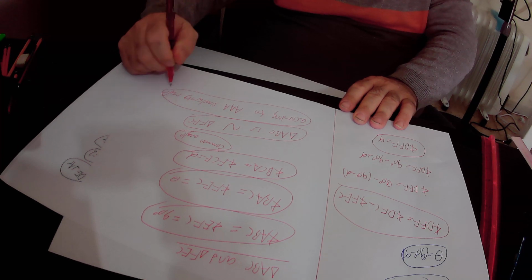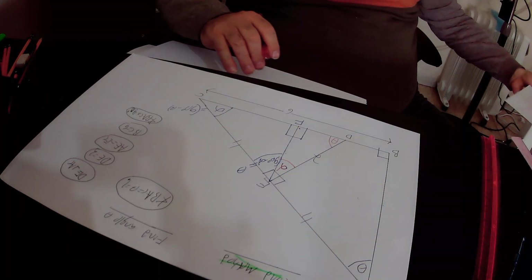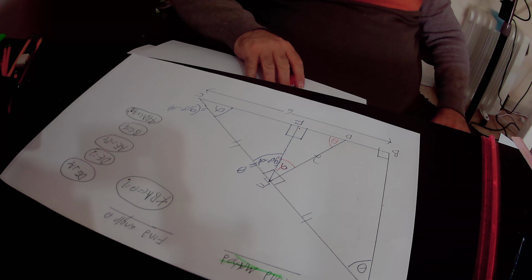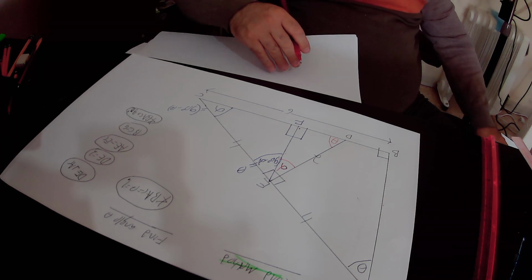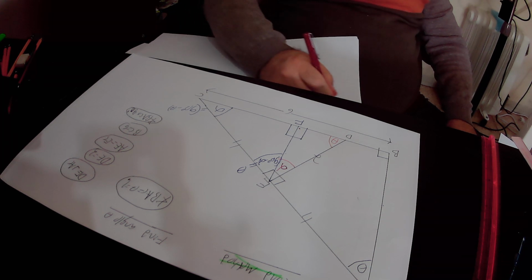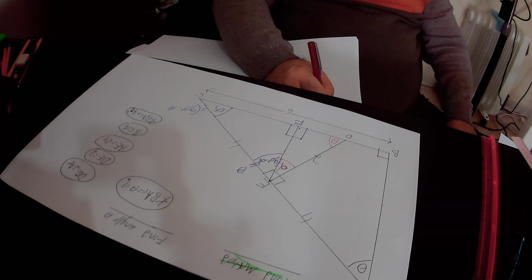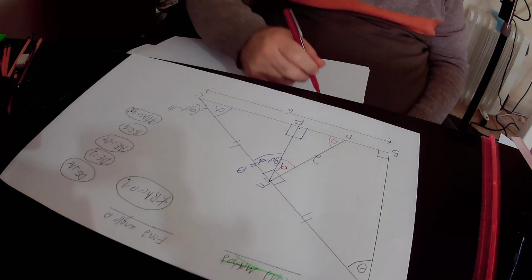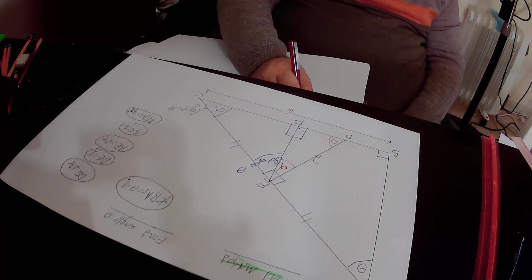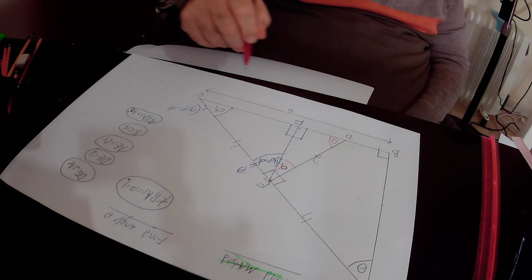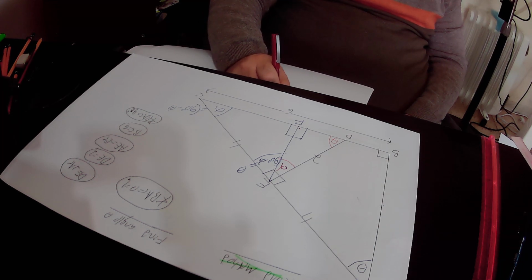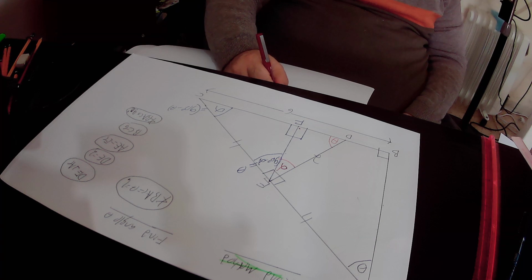And from the fact that those two right triangles are similar to each other, we conclude that AB over AC in the right triangle ABC is equal to FE over EC in the right triangle FEC.